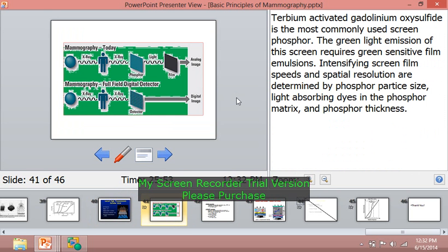So in mammography, first of all, the breast tissue is X-rayed, then the pattern of the X-ray information is located in the phosphor, and after reading by helium neon laser light, we can have the analog image.